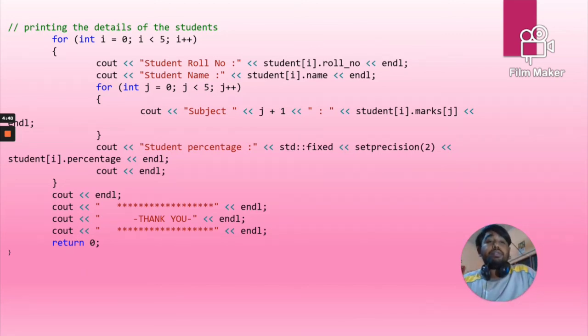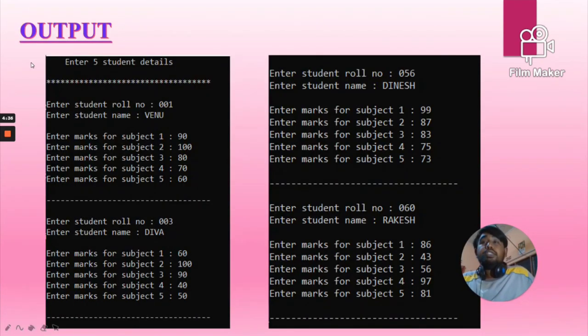Then we go to the output. So this is our output. Enter 5 student details, then the star, then we declare the start of the coding. Then enter student number 001. This is an integer we use for the student number.